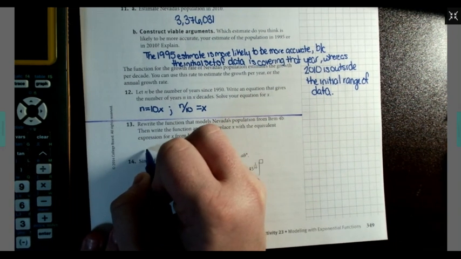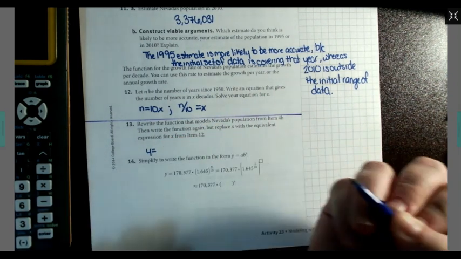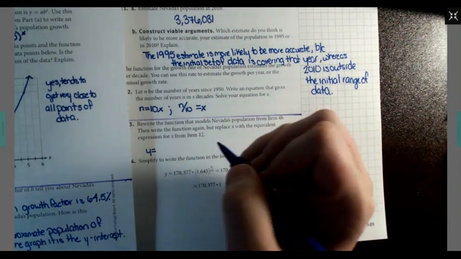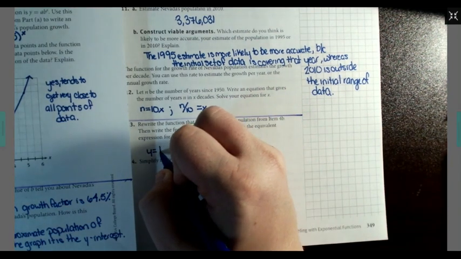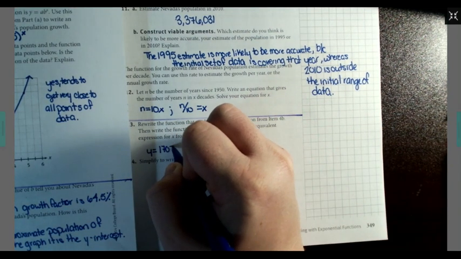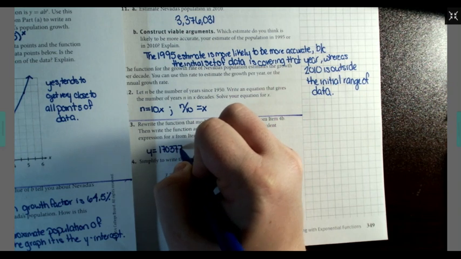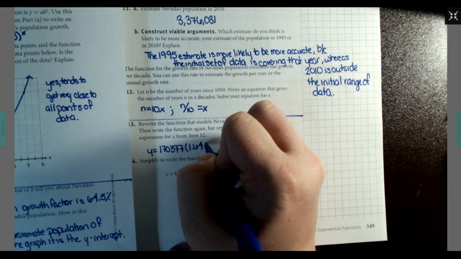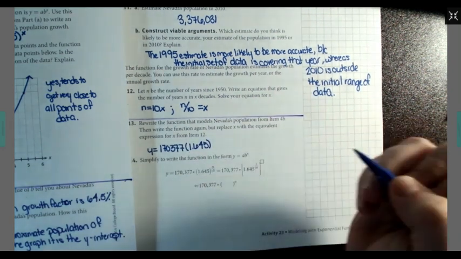So again, it says rewrite the expression from 4B. So that was y equals 170,377 parentheses 1.645 to the x power.